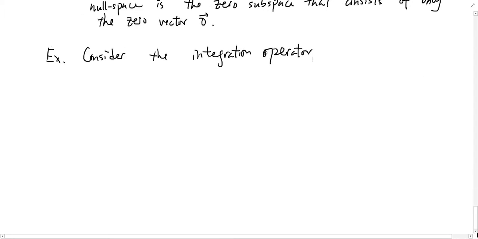Okay, let's consider the integration operator defined on continuous functions, say on negative infinity to positive infinity. It could be any domain that we want. I don't have a fancy word for it, and we won't be using the integration operator that much.